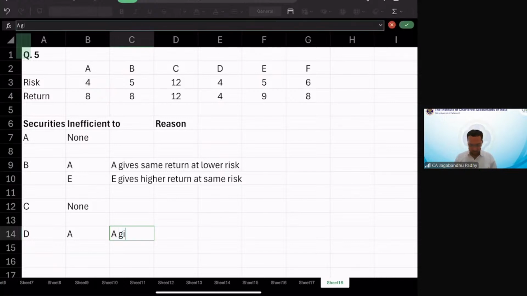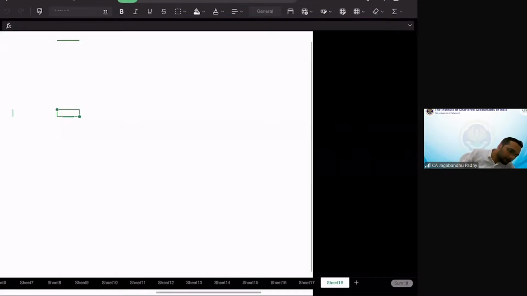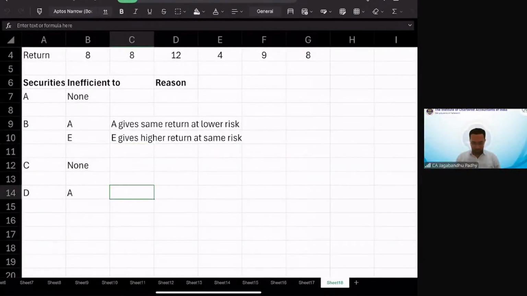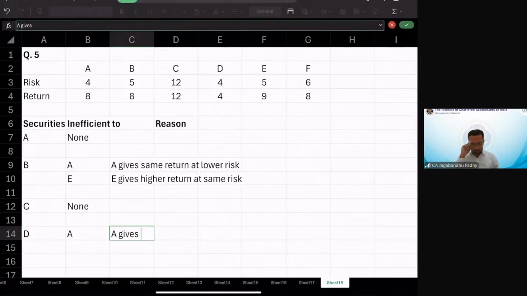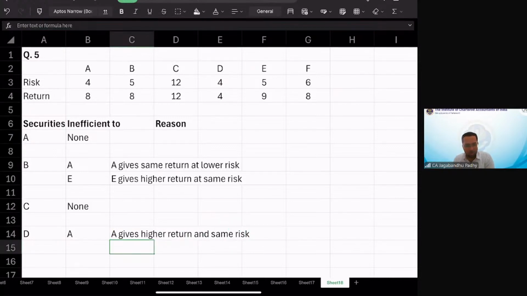Because A gives higher return at the same risk. So D is of course inefficient to A.